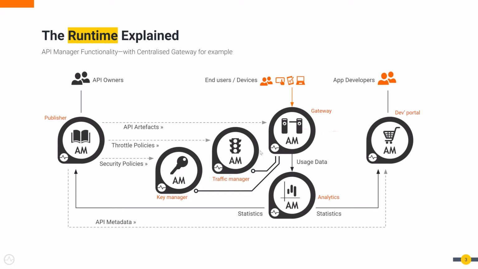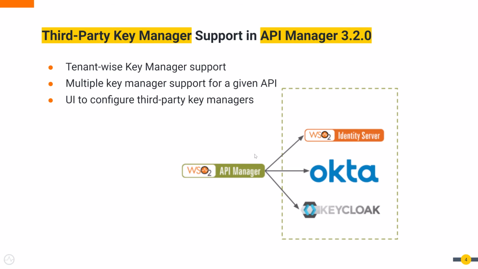Even though WSO2 API Manager comes with a built-in Key Manager, some of the organizations who already use an authorization server such as Okta, Ping, Keycloak would want to integrate WSO2 API Manager with them instead of using the built-in Key Manager.